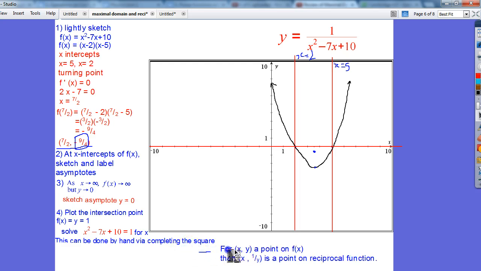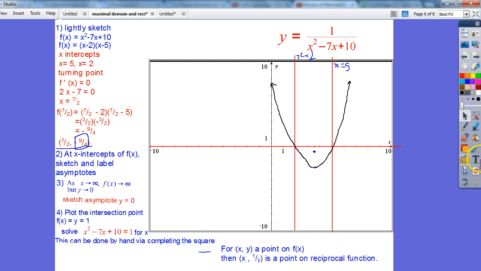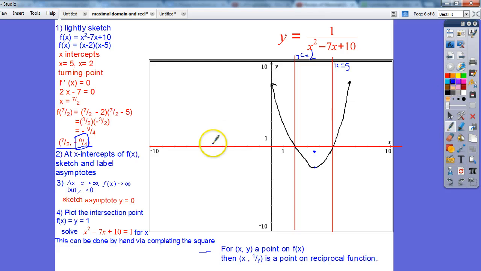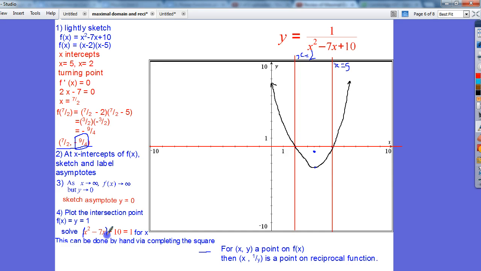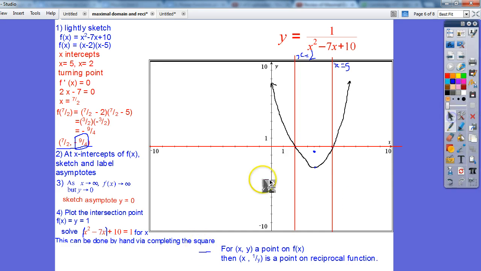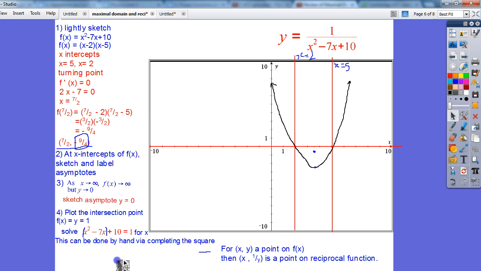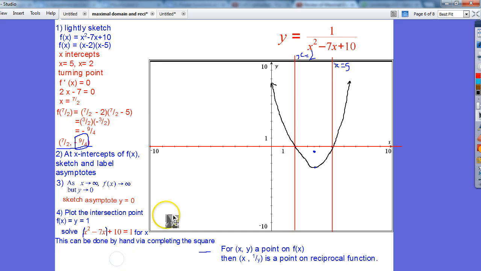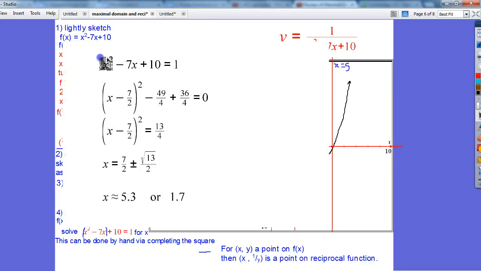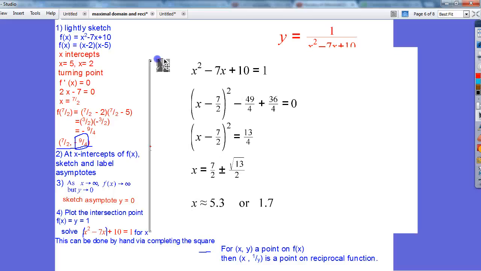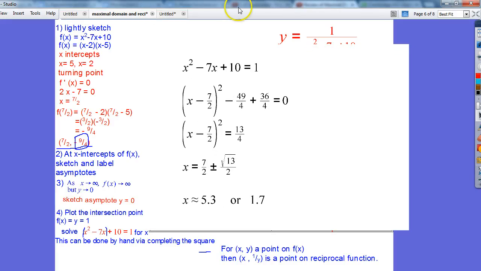Completing the square means taking the first two parts, the x terms here, and carrying out the completing the square procedure for that.